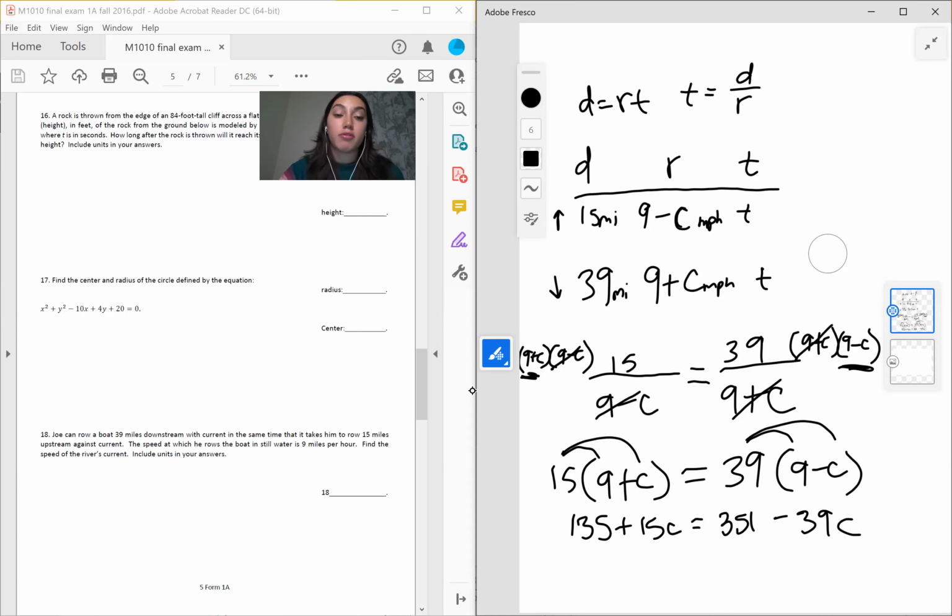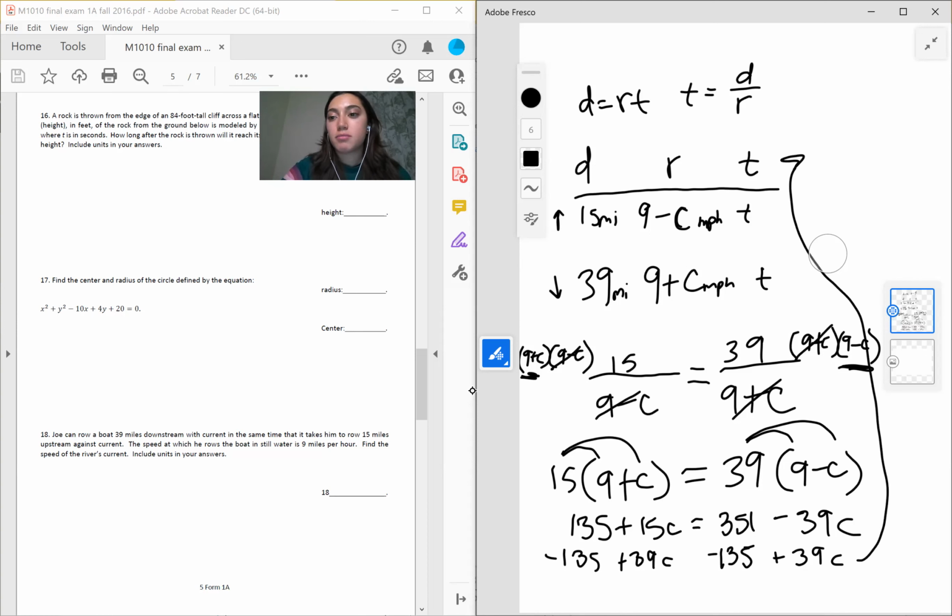All right, and now we solve for c. And we do that as we want to get all of our c terms on one side and all of our constants on the other. So I am going to add 39c on both sides and subtract 135 on both sides.